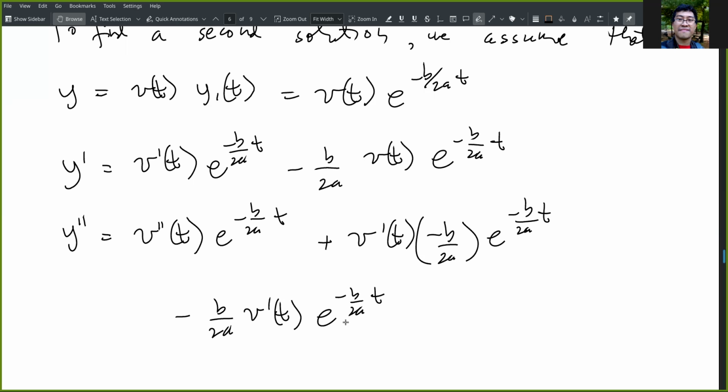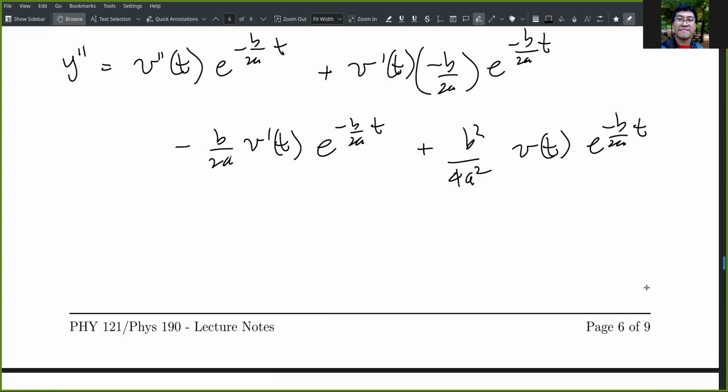Take note this and this are the same. Plus, taking the derivative of this, you have b squared over 4a squared v(t) e to the minus b over 2a t.